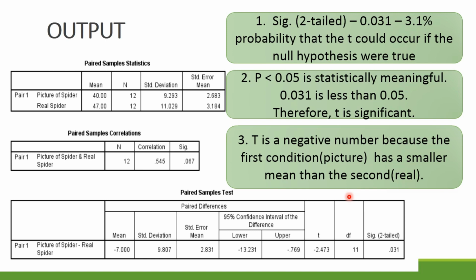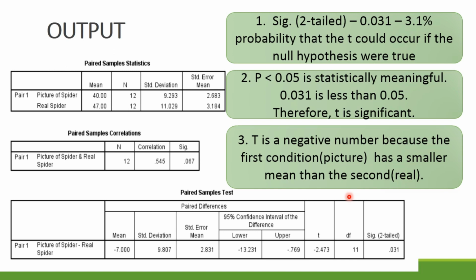Now, that's a pretty small probability we have there. Number two, we generally accept a p-value which is less than 0.05 as statistically meaningful. Now, 0.031 is less than 0.05, so that means that our t is significant.